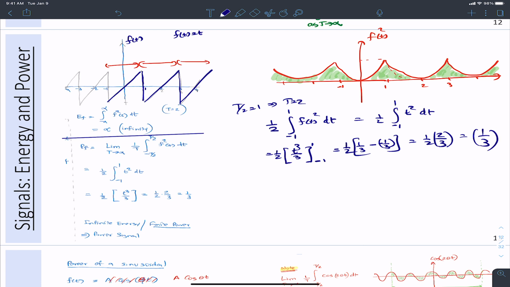Now I did this without the limit as T tends to infinity, so I'm going to argue why it's going to be the same. We did this for one period. So I selected one period and did the integration here.